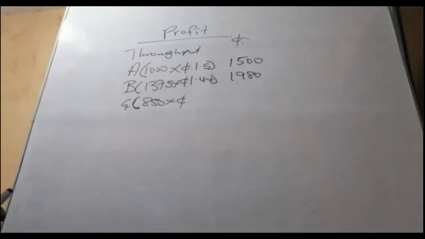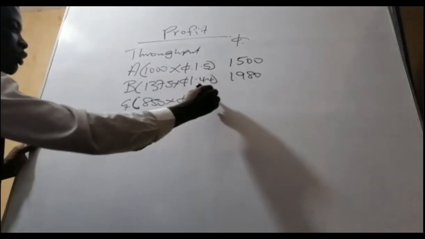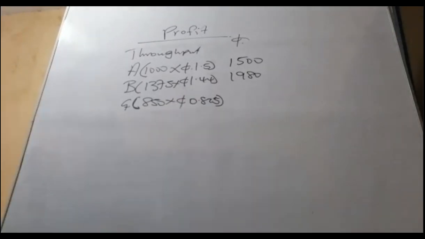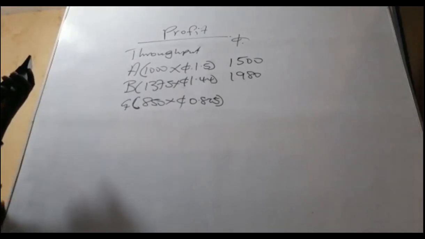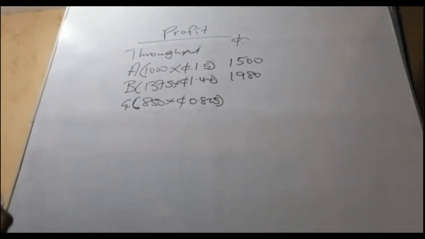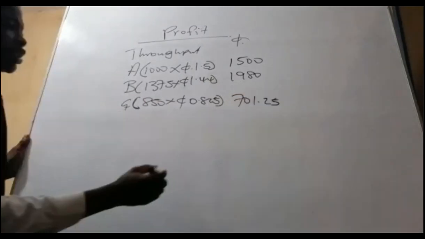So 0.825 times 850 will give us 701.25. So therefore, what's the total throughput?